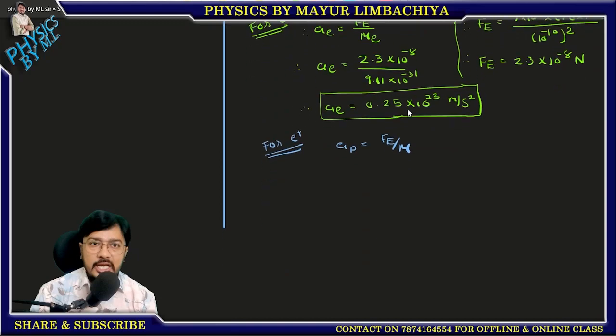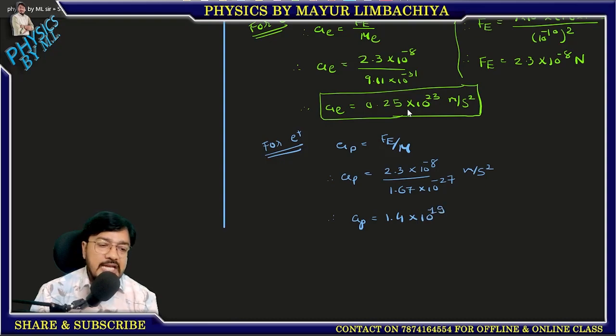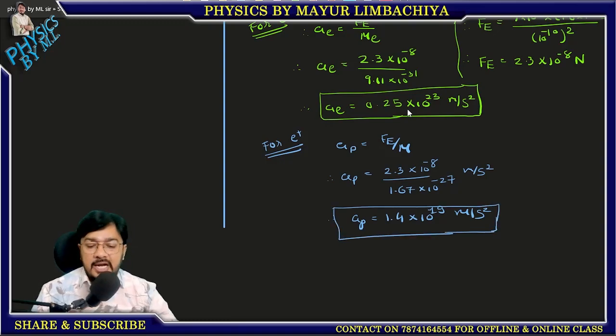So now I can use the same value, that ap can be written as 2.3 into 10 raised to minus 8 divided by 1.67 into 10 raised to minus 27 meter per second square. So therefore ap can be written as 1.4 into 10 raised to 19 meter per second square. Dear students, this is the answer of your second part.